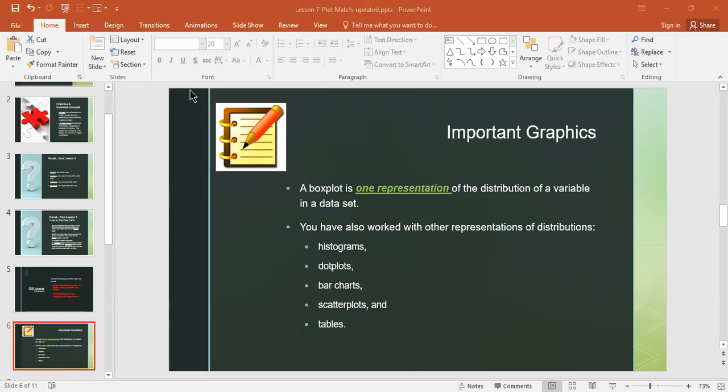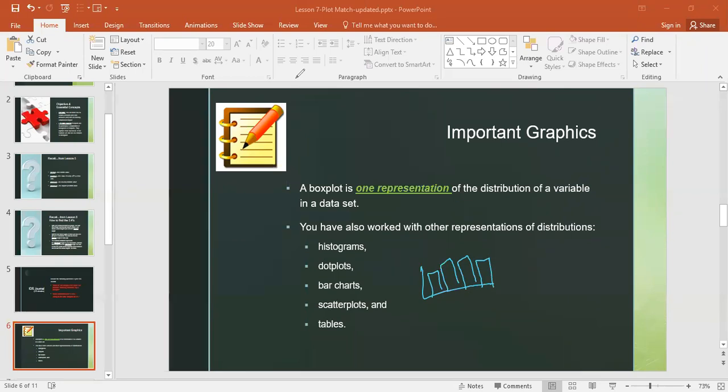But we also have worked with other representations of distributions. We can also use a histogram to show how a variable is distributed. We can use the dot plot. We can use a bar chart. Remember, bar charts, AKA bar graphs, they look like histograms, but we use them specifically for other types of variables, but they were still bar graphs. We have scatter plots.